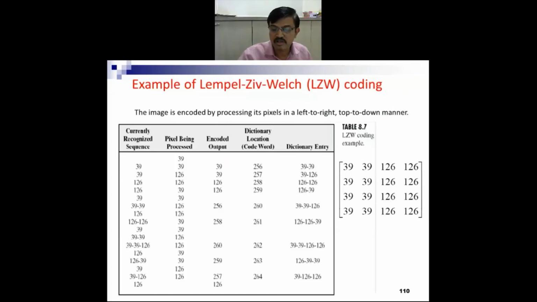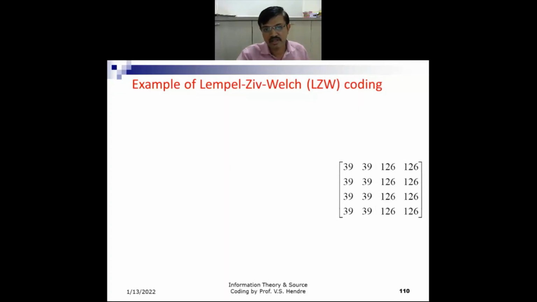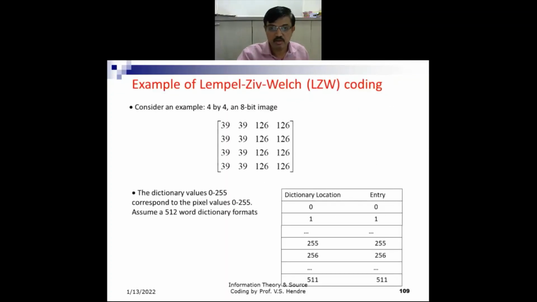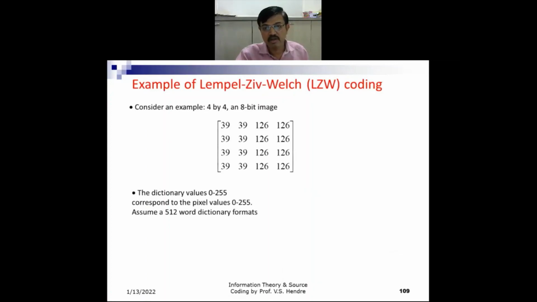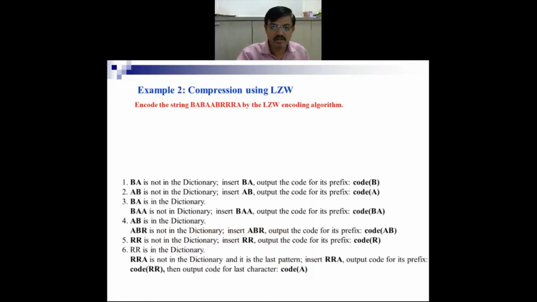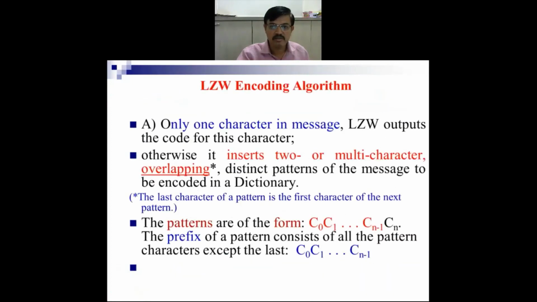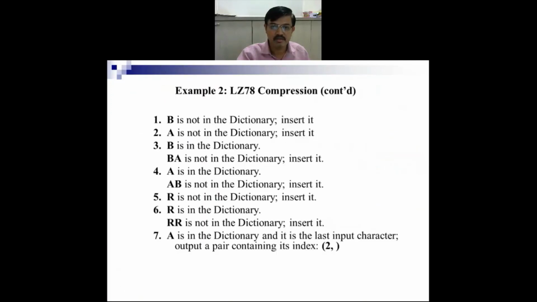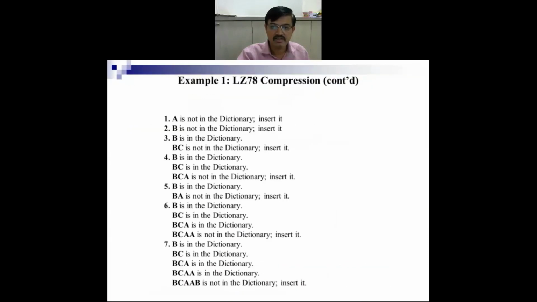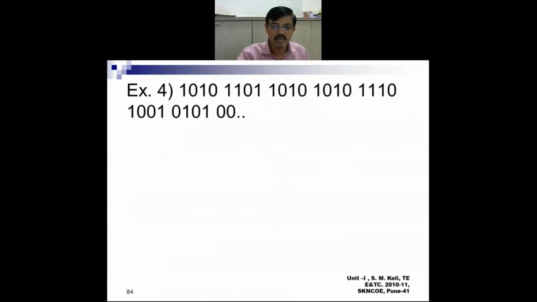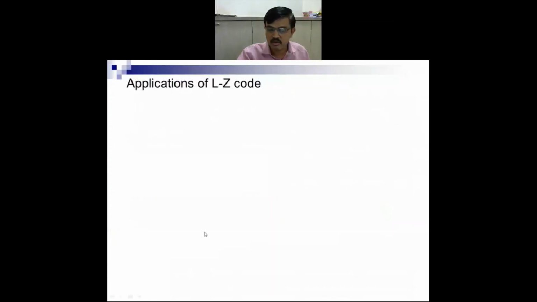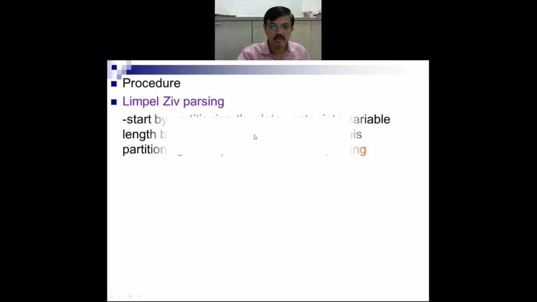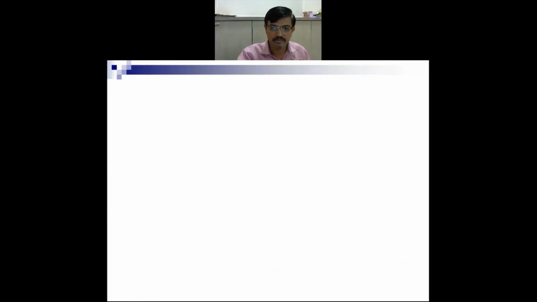So this is another source encoding technique, Lempel-Ziv-Welch. To conclude, we have covered three different versions of Lempel-Ziv code. We started with the basic Lempel-Ziv code, that is LZ77, and understood how to do the parsing of the LZ code.